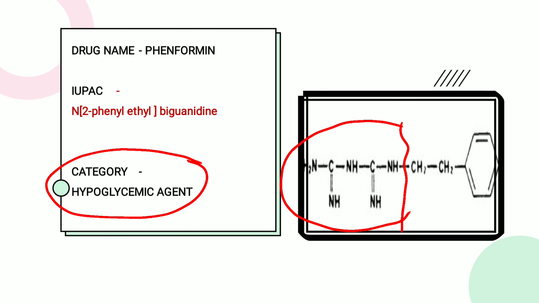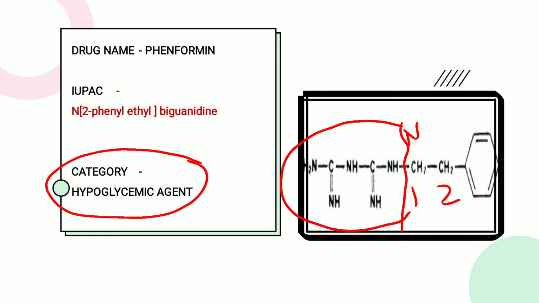This is a complete biguanide derivative. So here also no numbering will be given. On the first position, that is the N number, there is a 2 carbon chain and a phenyl ring. For the 2 carbons we give the numbering 1 and 2 because on whichever carbon the phenyl group is attached it will be mentioned in the chemical name. So we number it 1 and 2.